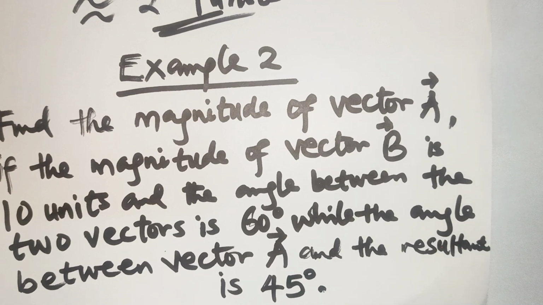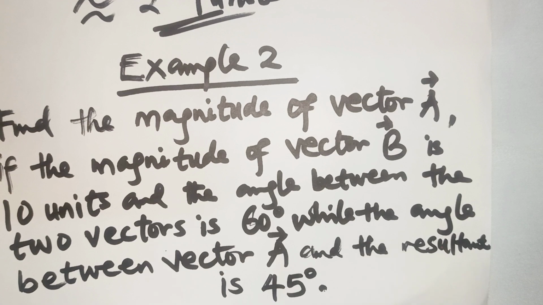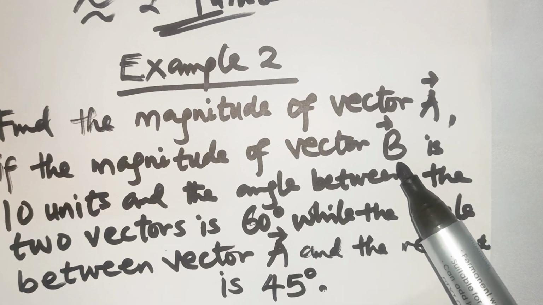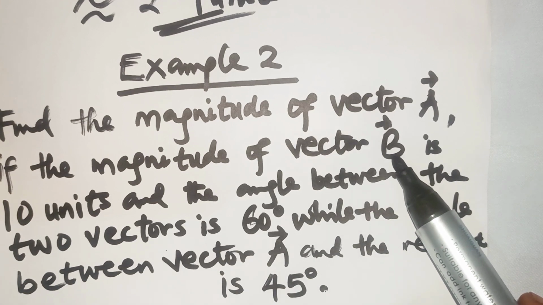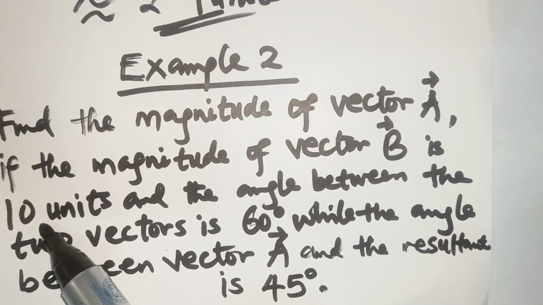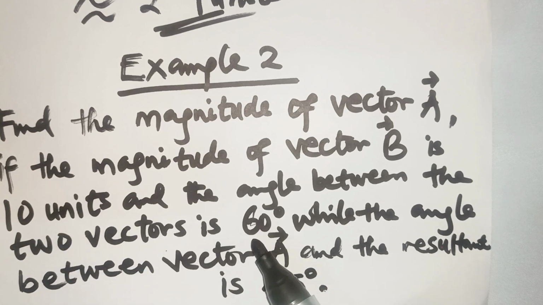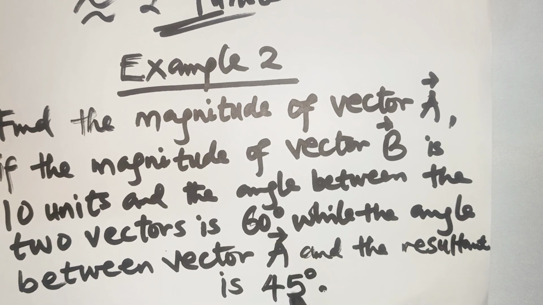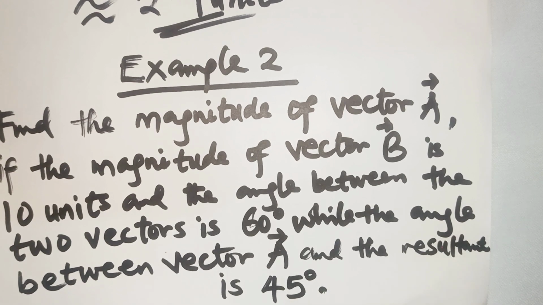So here we need to find the magnitude of vector A given the magnitude of another vector B, which is 10 units, and the angle between the two vectors is 60 degrees, while the angle between vector A and the resultant vector is 45 degrees.